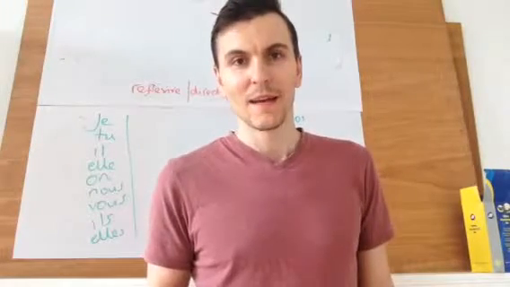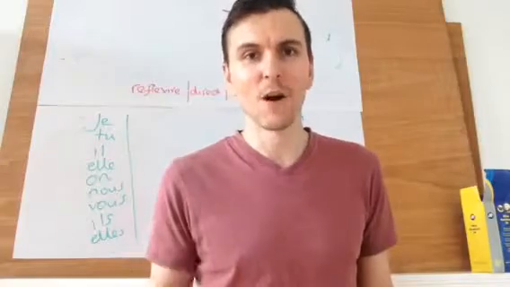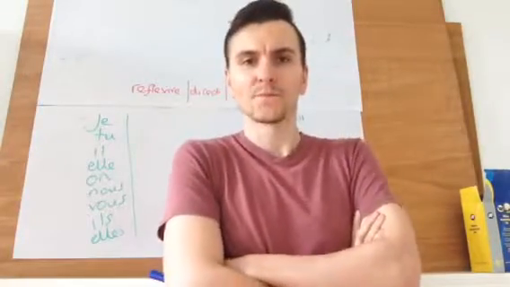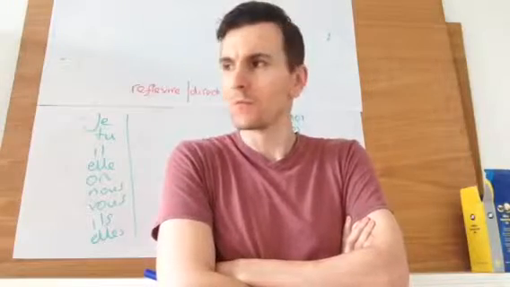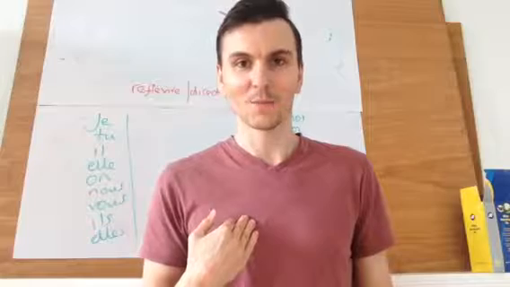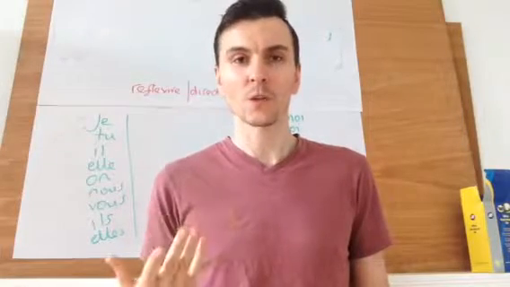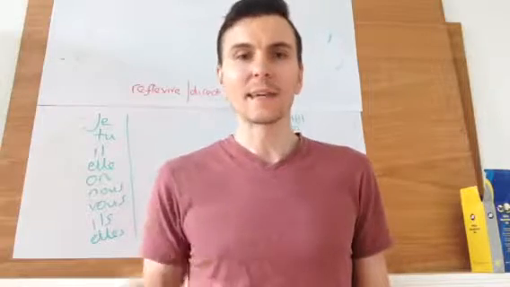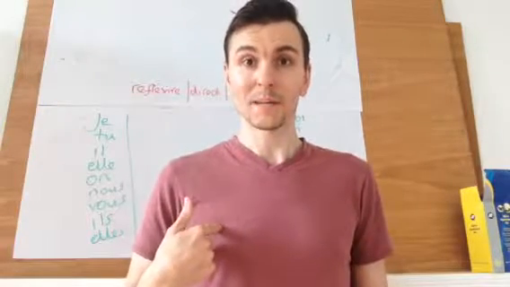Now, in French, a verb often panics. If I said in English, I wash, and I didn't say what else was being washed, you imagine that I mean me. I wash myself. I get up, I'm getting myself up.